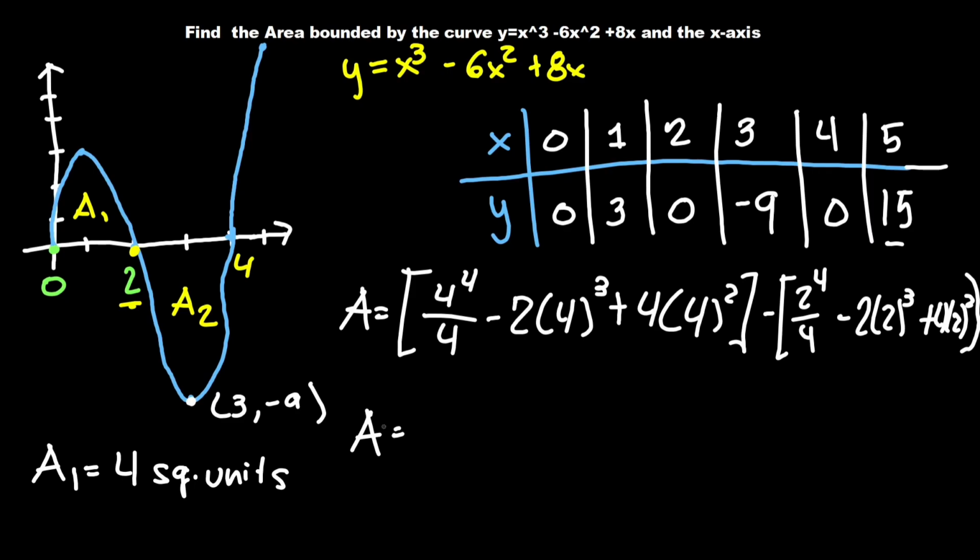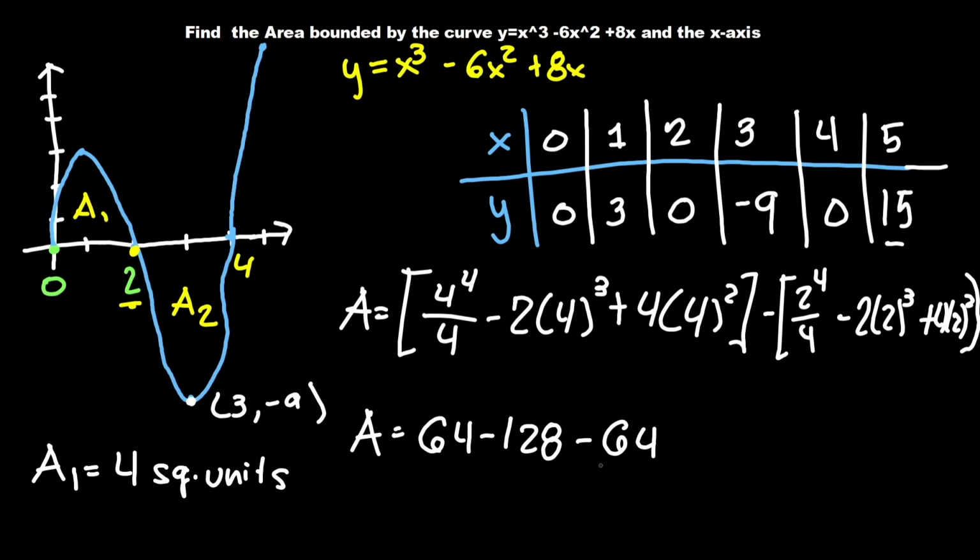So 4 multiplied by 4 would be 16, multiplied by 4 would be 64, multiplied by 4 would be 256, divided by 4, or this would be simply 64. Minus 4 cubed would be 64 multiplied by 2. This would be 128. Minus 4 squared is 16 multiplied by 4 is 64.